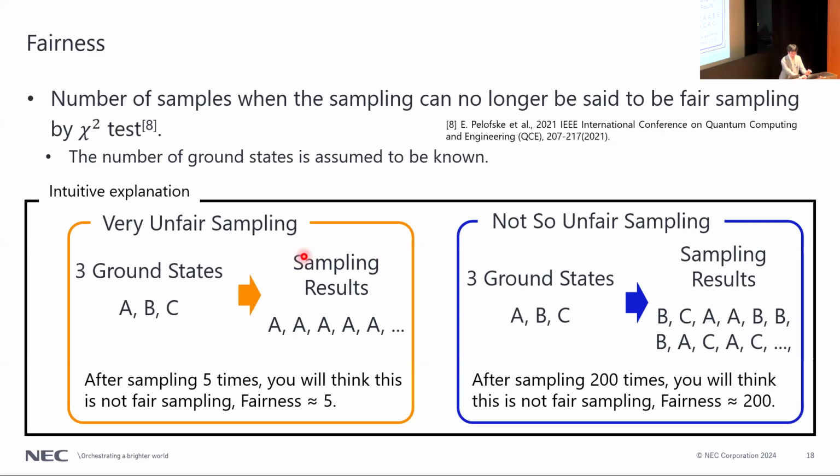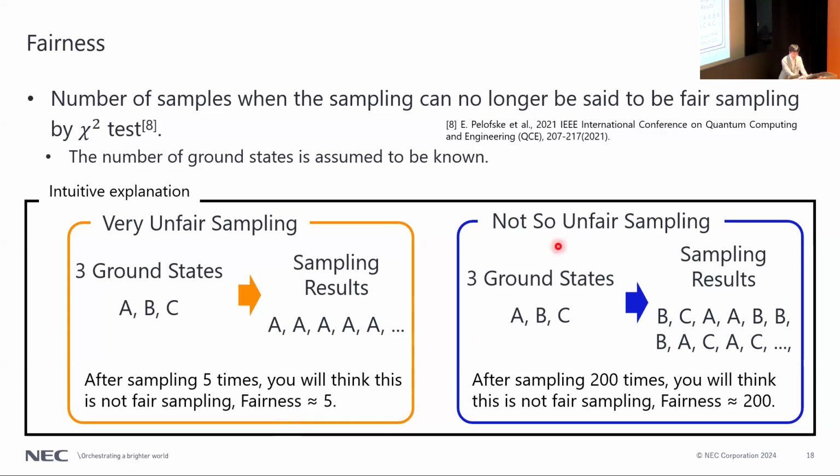First, let us look at the very unfair case. Assume that we know that there are three degenerate ground states. In the very unfair sampling case, after you sample 5 times and you only get state A, you will think this is not fair sampling. In such a case, fairness is 5.